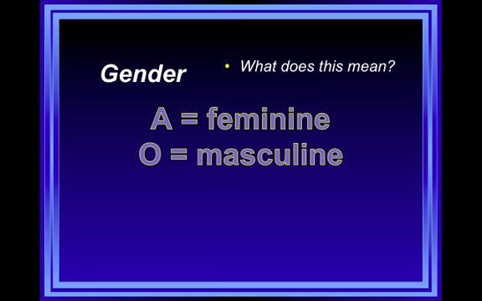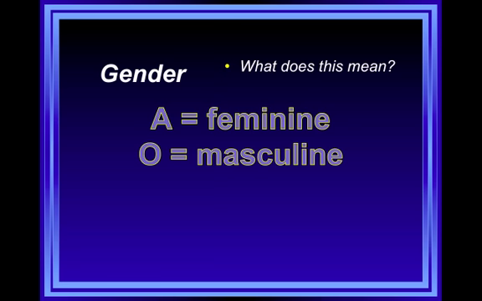But we need to remember that words that end in an A most often are feminine, and words that end in O are most often masculine. And when we talk about articles and nouns working together, we have to remember that they have to match each other.